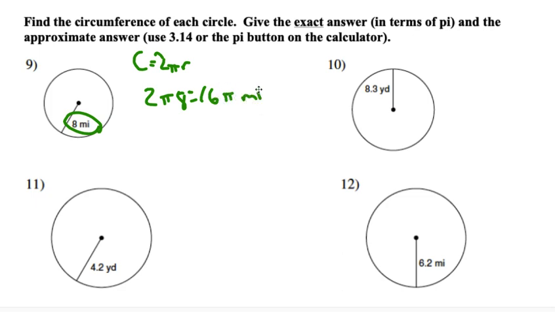Remember, circumference is just a distance, no squared or anything like that. Now 16 times 3.14 is right around 50.24 miles. Don't forget, when you leave it in terms of pi, it's the exact, and when you have to round it, that is give the decimal, you're talking about the approximate form.